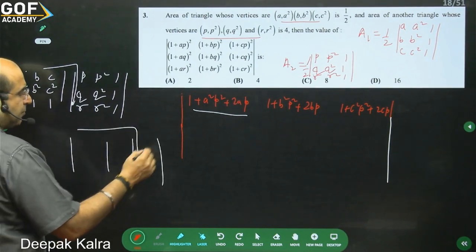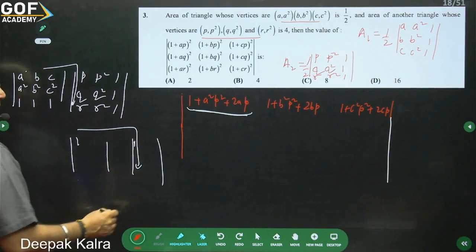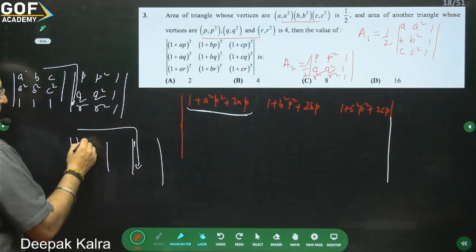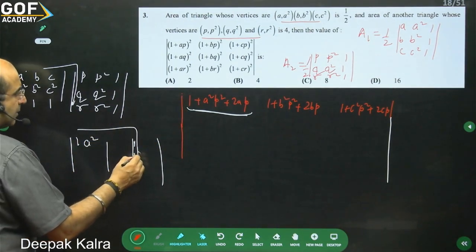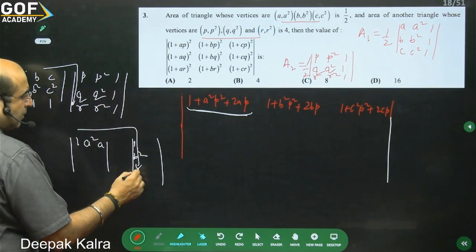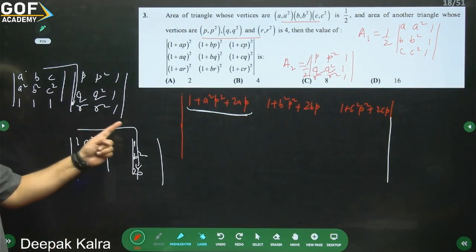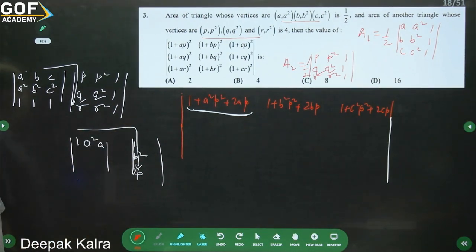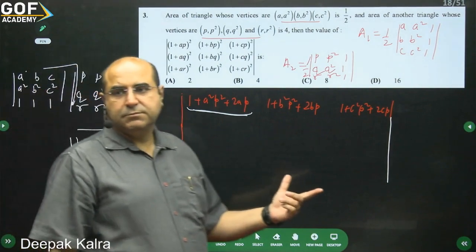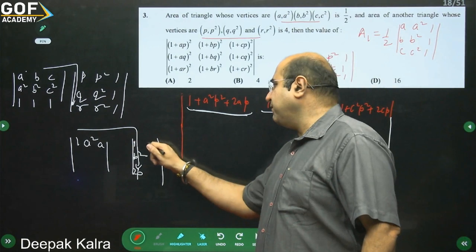This product should make out to be this value. 1 will go with 1. A square will go with p square. And a will go with p or 2p. Something like this. Are you getting my point, what I'm doing? If you want this, you should have 1 with this.